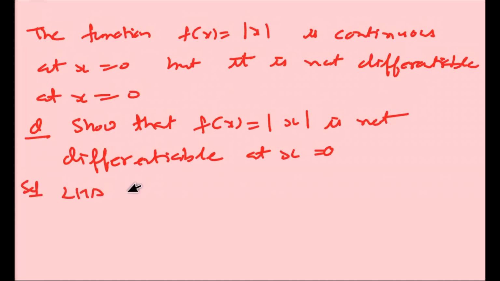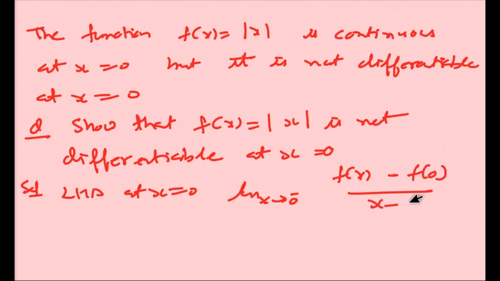LHD at x equal to 0, what is the formula? That is the limit as x tends towards 0 minus of (f(x) minus f(0)) upon (x minus 0). The value of c is 0.